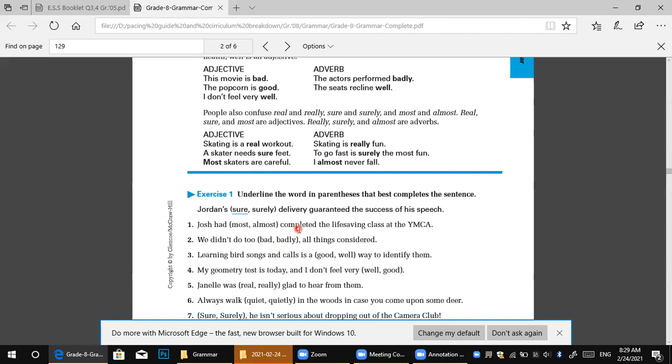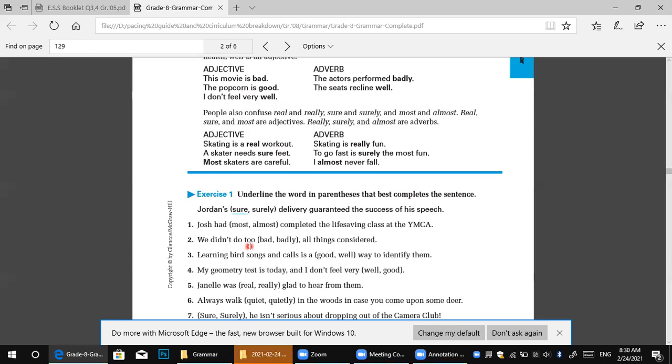Number two, we didn't do too badly, all things considered. We didn't do too bad or too badly? Too bad, not badly.